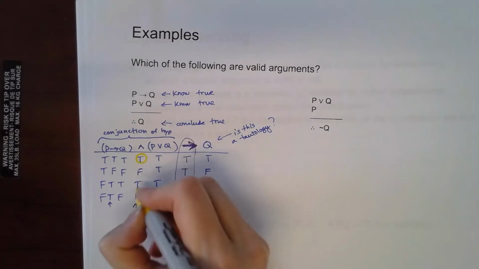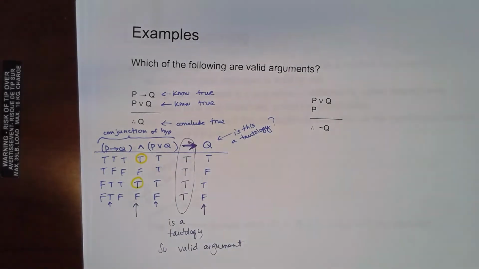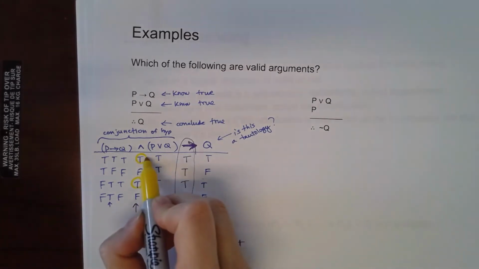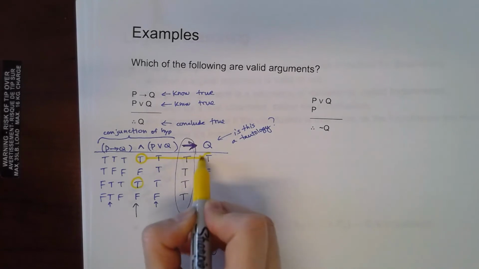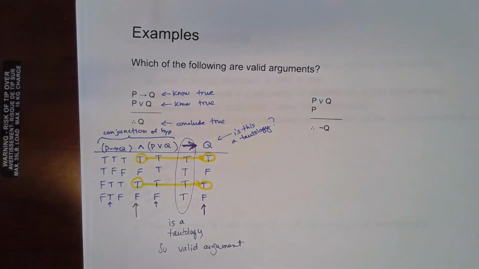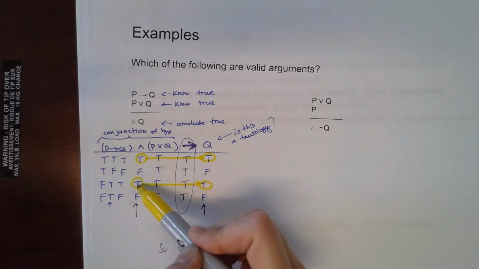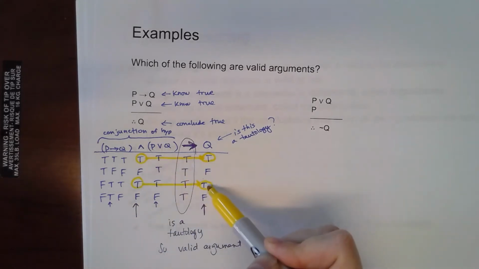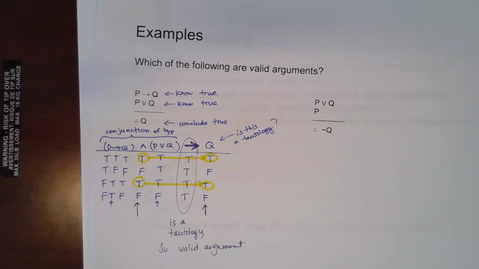It's true here, and it's true here. Now when the hypothesis is false, anything goes. Like I could just throw those away. So I would just go look, and when this is true, I get a true. When this is true, I can get a true. So if you have a long table, really you only need to consider where the hypothesis is true. Does it match the conclusion? So that's the other way you can do these and kind of shorthand and skip a step.